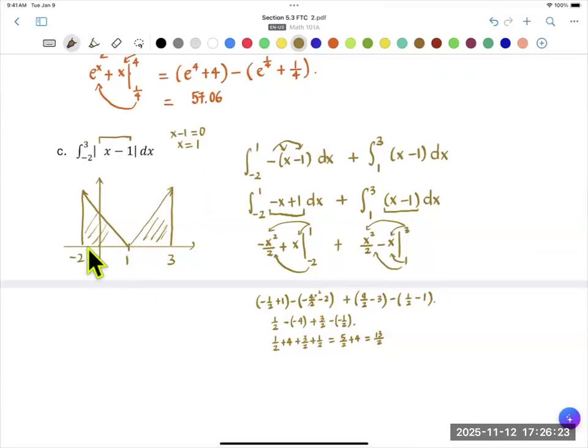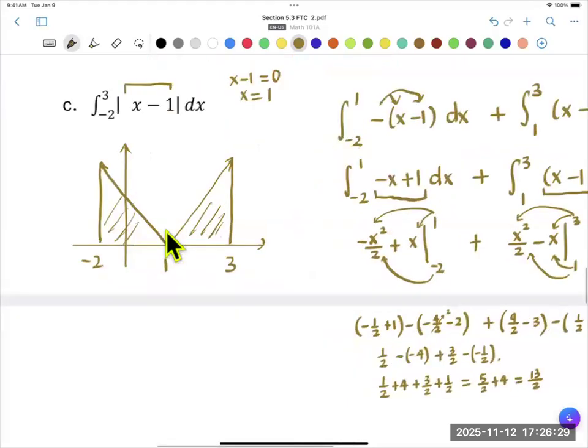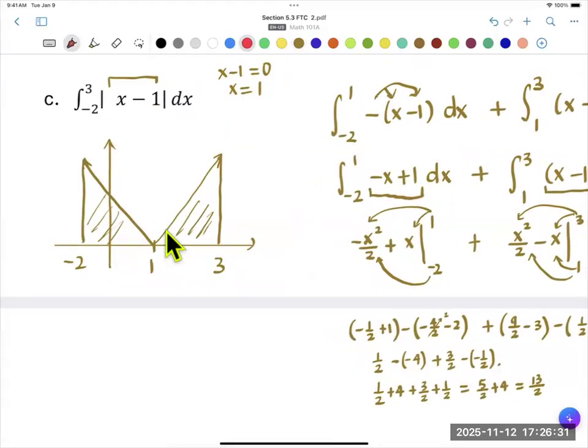Or you can find the area directly using geometry. Let's do that. I have the base here from -2 to 1, which is 3, since 1 minus -2 is 3. How about the height?